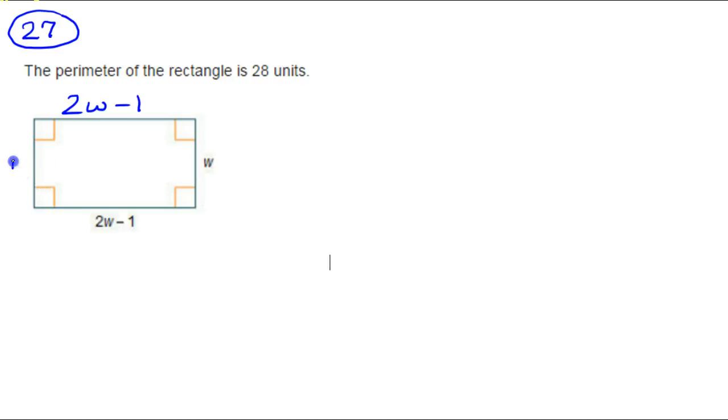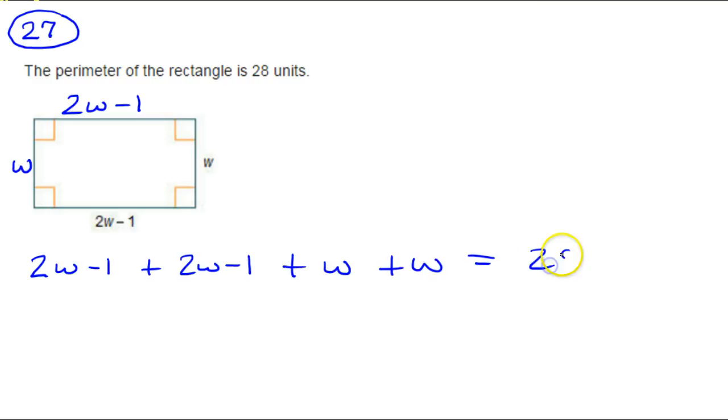If this side is W, then this is also W. So if I add up all of these, it should equal 28. In other words, 2W minus 1 plus 2W minus 1 plus W plus W should all add up to 28.